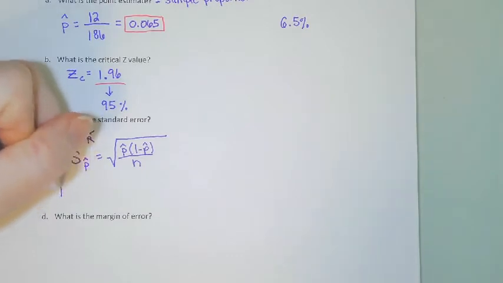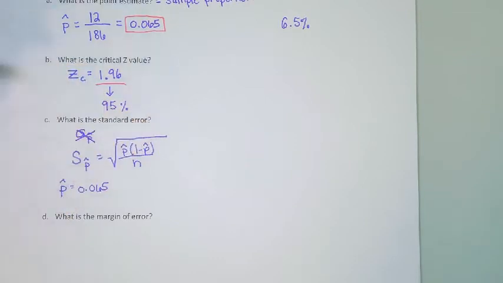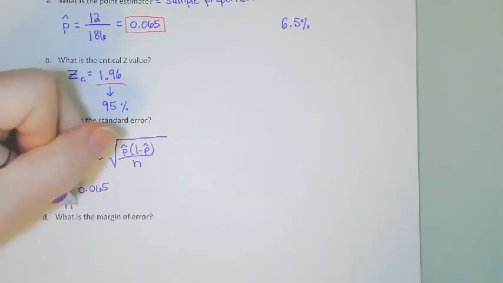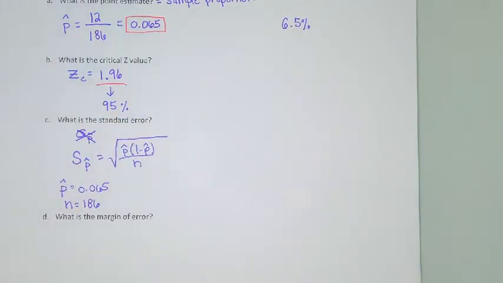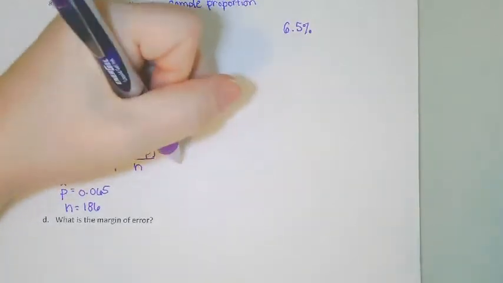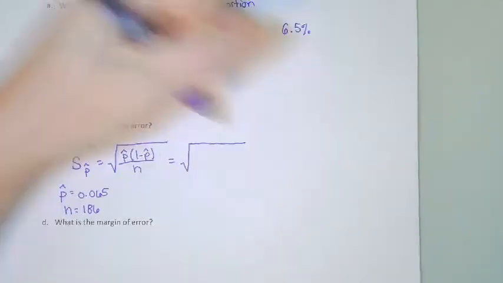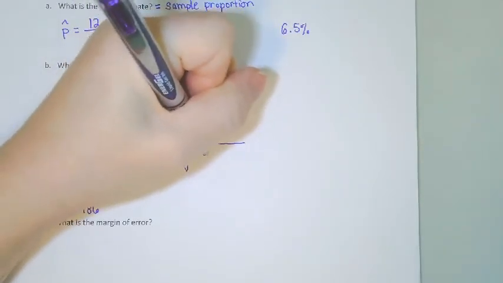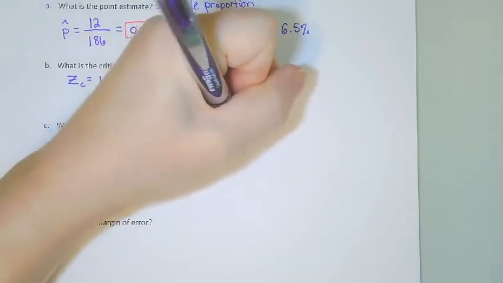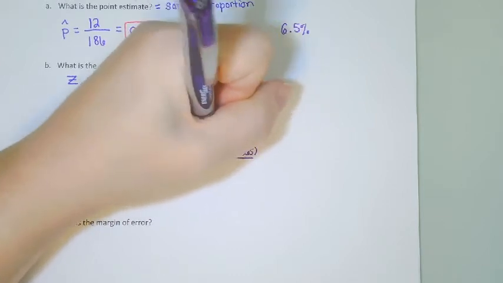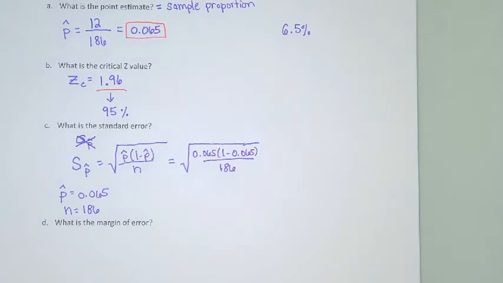P hat, the sample proportion or point estimate, was 0.065. And remember, n is our sample size, which was 186. And so now it's just a matter of plugging those values into the formula. So I'd have 0.065 times 1 minus 0.065 divided by 186.